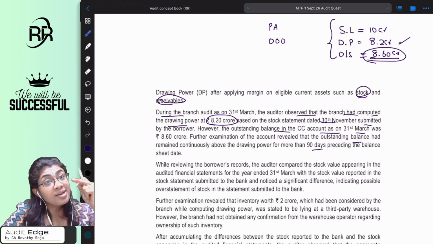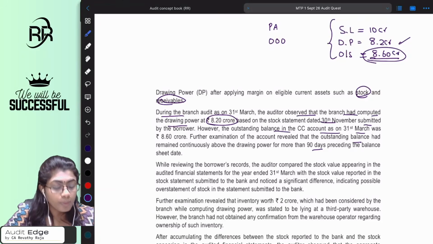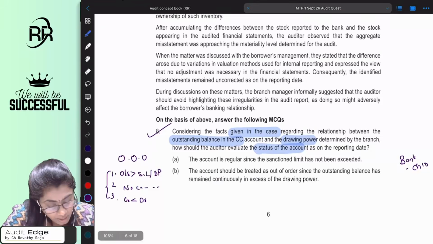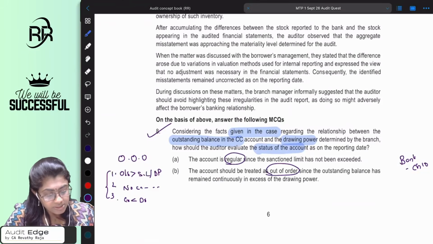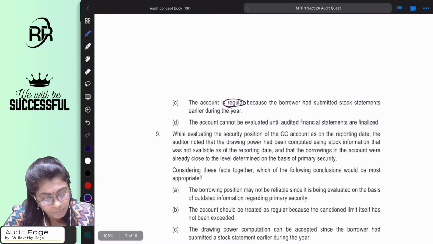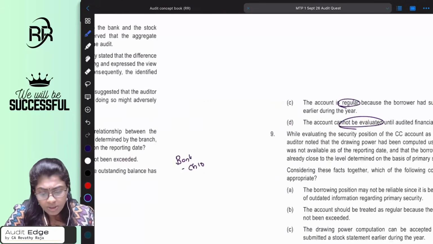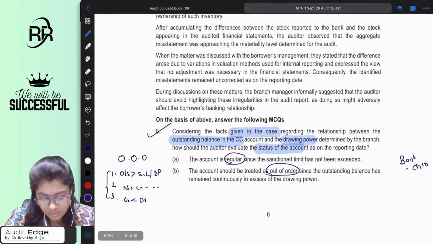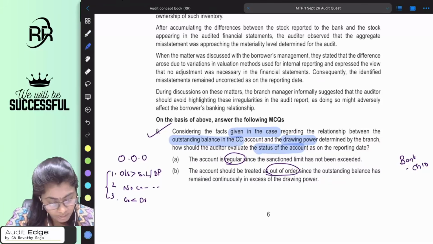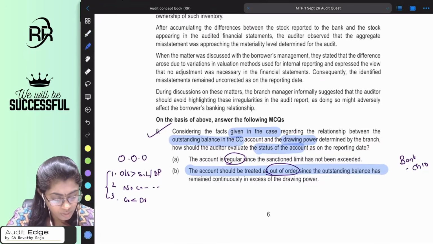It should not exceed the sanction limit or drawing power. Both should be complied with. The account should be treated as out of order since it exceeds the drawing power. Account is regular cannot be the answer. So clearly the answer is B, right? Account is out of order.